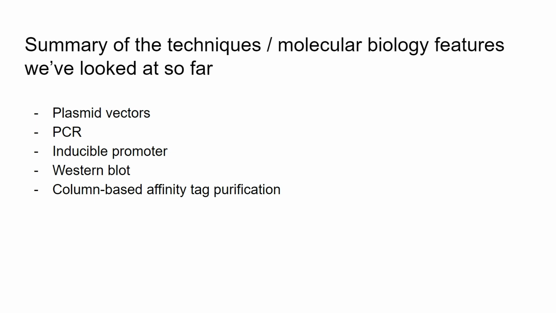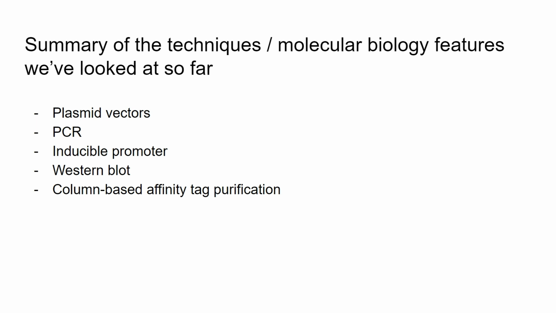Let's briefly just recap all the techniques that we've looked at so far through this question. We've talked about plasmid vectors. We've talked about PCR as a way to amplify a bit of specific DNA. We've talked about the concept of an inducible promoter, i.e., a promoter that is under the experimenter's and not the cell's control.